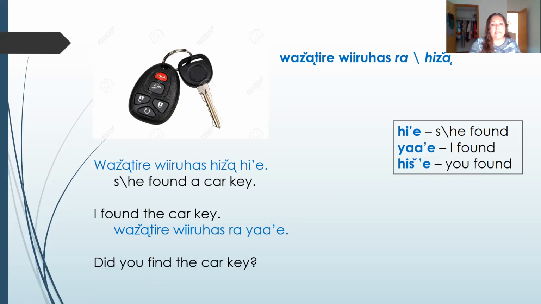Did you find the car key? Okay, again, it's the car key. And then how do we end it? Which verb do we use? Wajantire wirujas ra hish'e. Very good.